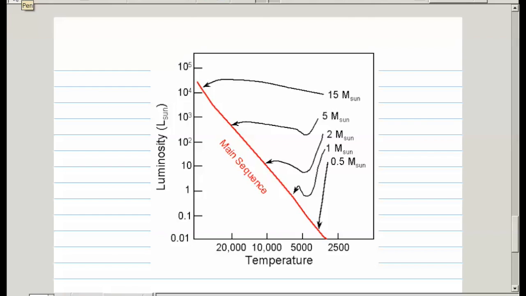The star like our Sun of 1 solar mass will end up somewhere in the middle of the main sequence, and then a low mass star of about half solar mass will end up near the bottom of the main sequence. Okay?